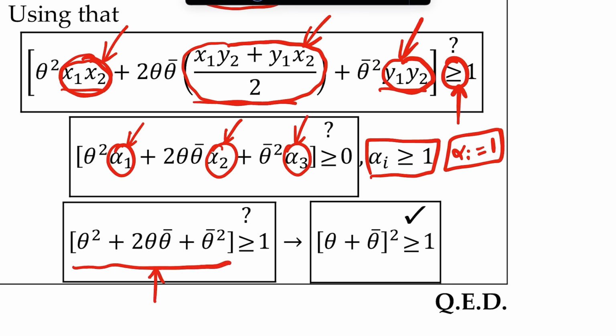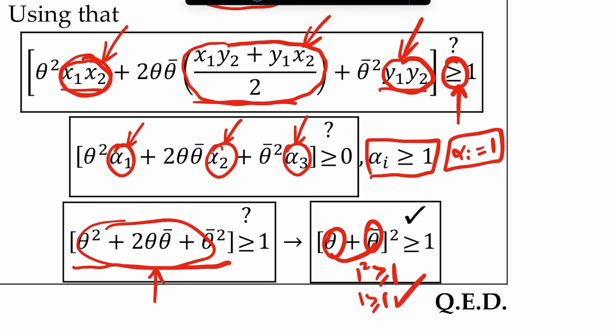Because this is basically the square of a quadratic term, theta plus theta bar squared, and on top of that, we also know theta plus theta bar is 1. So this is 1 squared greater than or equal to 1, and this is 1 greater than or equal to 1, and yes, this checks out.